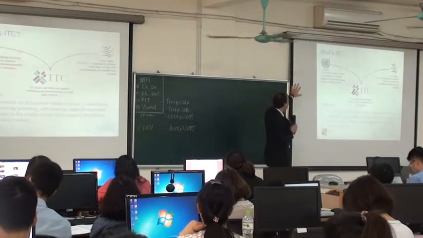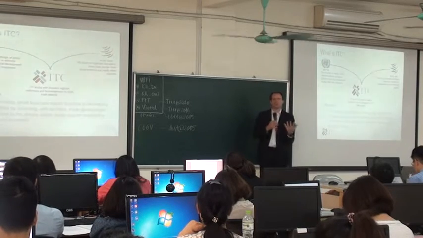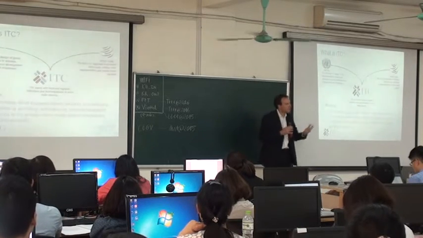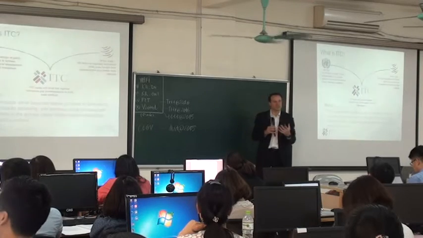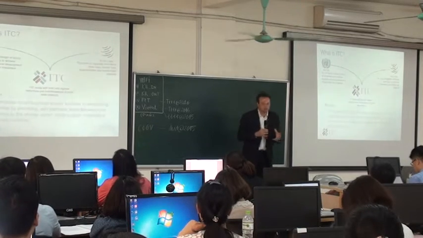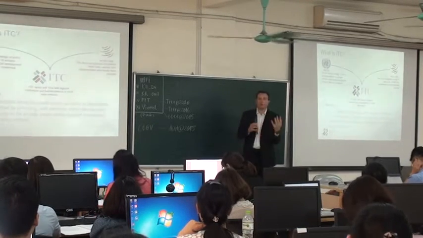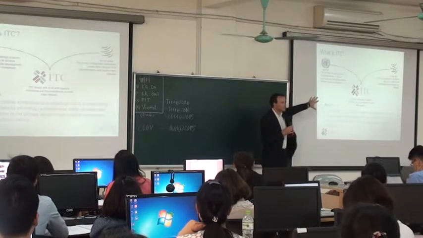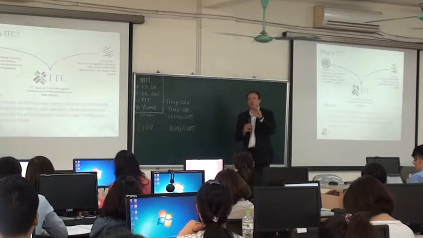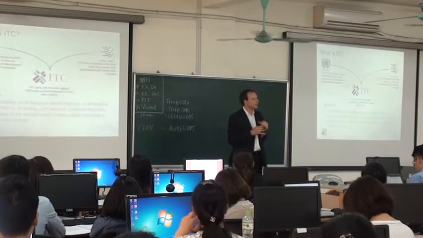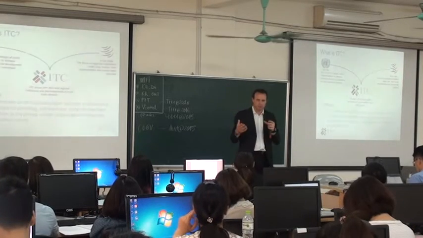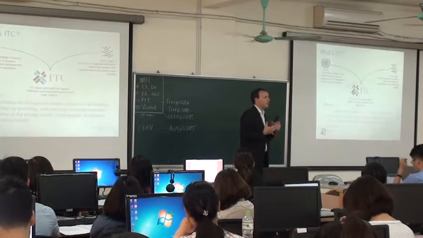So when UNCTAD is really helping policymakers design trade strategies and trade regulations, and WTO is the forum for the negotiations, well, ITC has a very clear focus on the private sector. So we are there to help the private sector develop, and develop through trade.